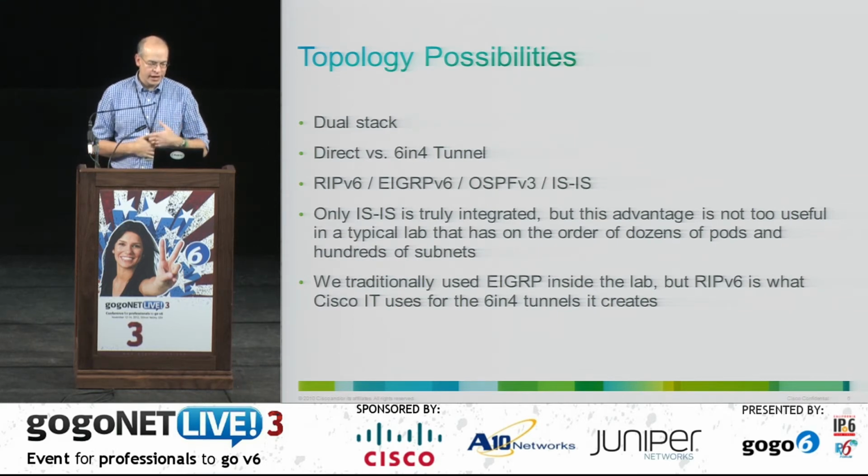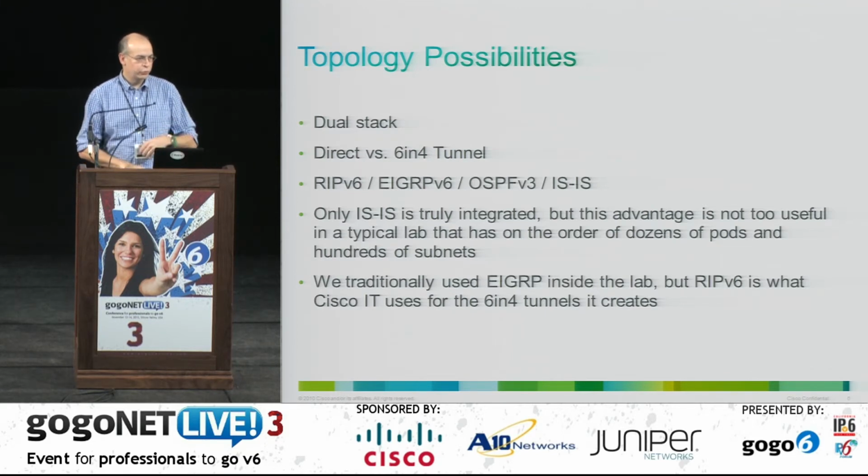At the most, we're going to have dozens of neighbors to worry about and maybe hundreds of subnets at the worst case. For IPv4 internally we used EIGRP, but since IT was offering these 6in4 tunnels with just simple RIPv6 on it, we went with that, and that kept things simple.